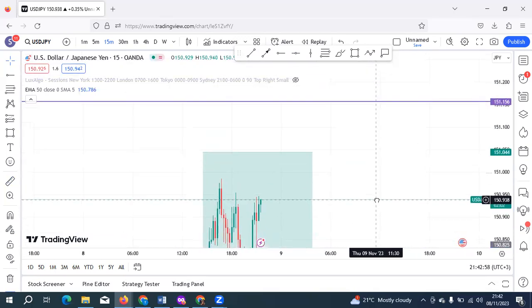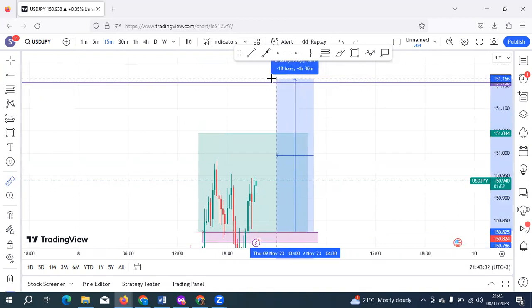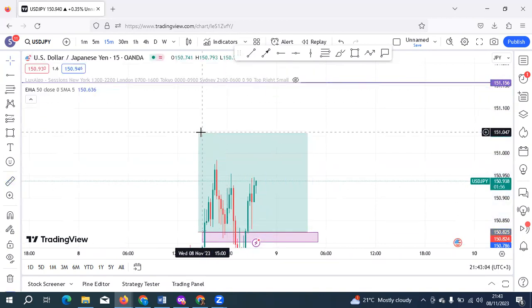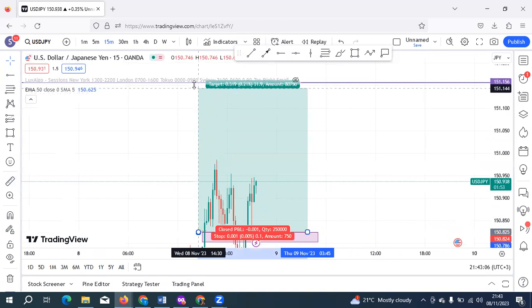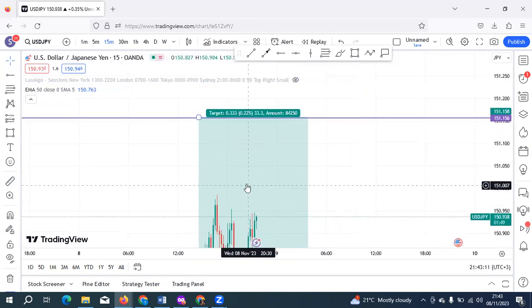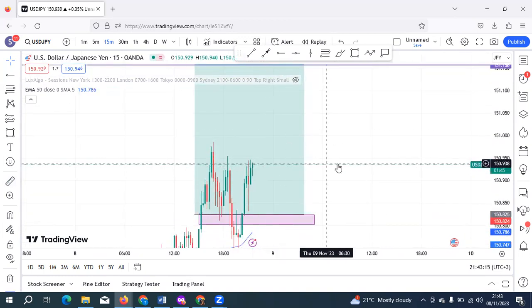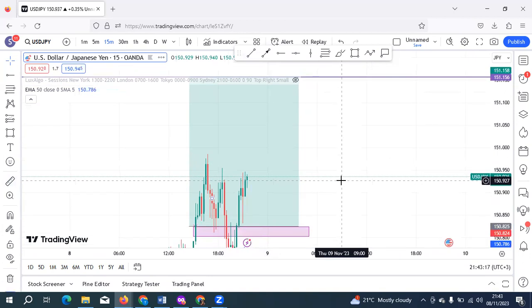And all I can do is let it move all the way up to this zone. If it gets to this zone, that will be a 1:3, I'm sure. 1:3, right?